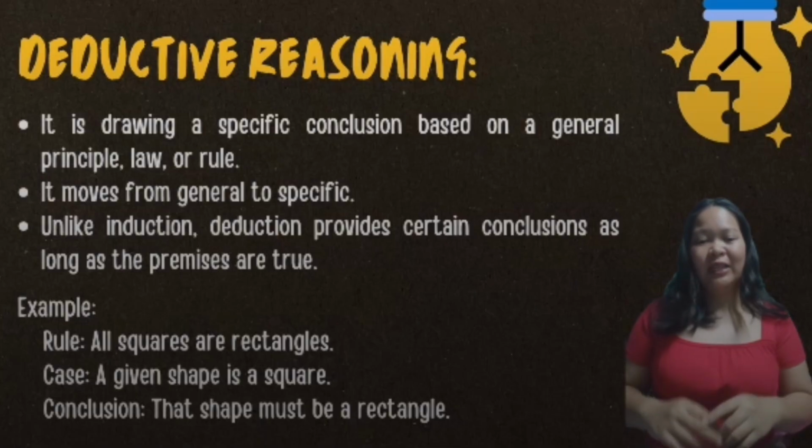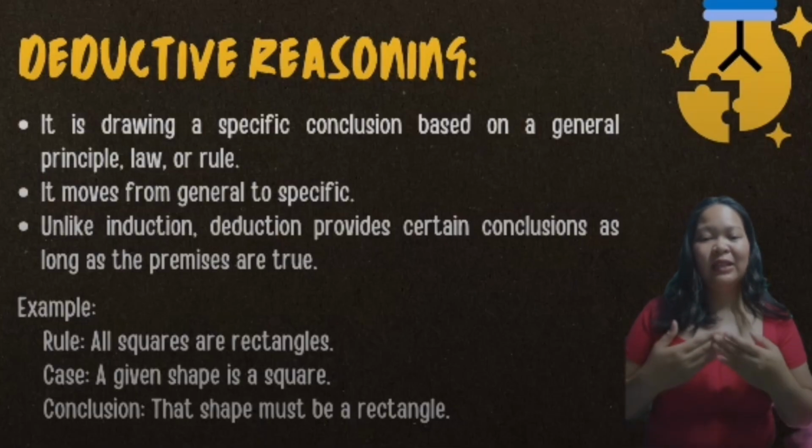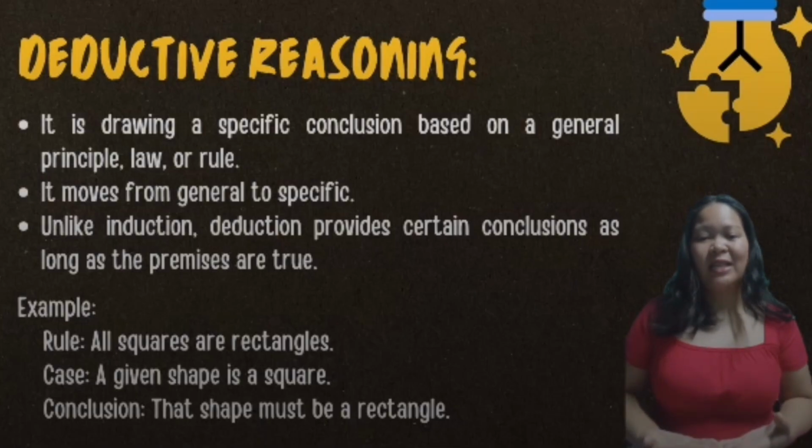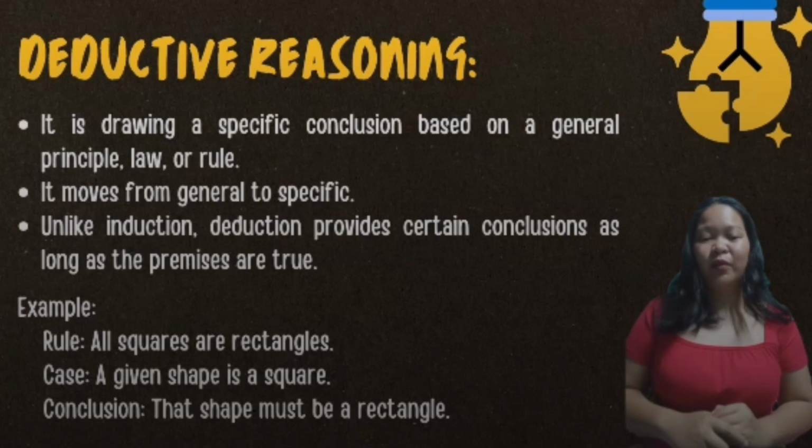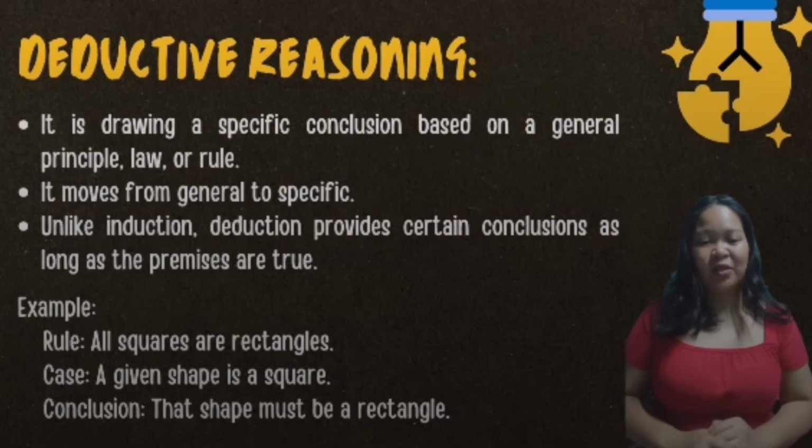Unlike induction, deductive reasoning provides definite conclusions as long as the premises are true. In problem solving, deduction allows us to apply rules, test conjectures, and prove results logically. Whenever we use a formula or theorem to solve a specific problem, we are practicing deduction.